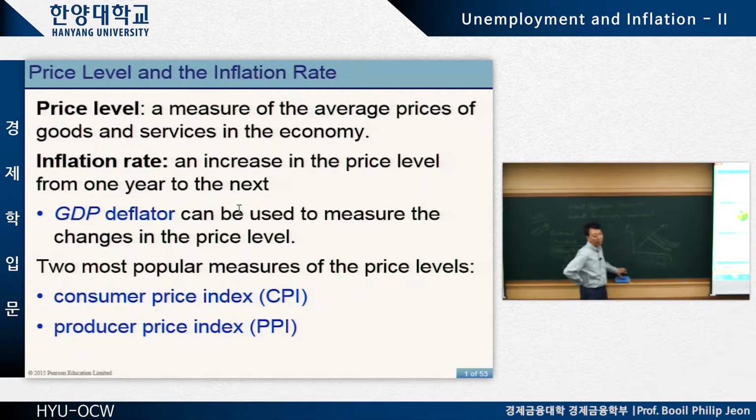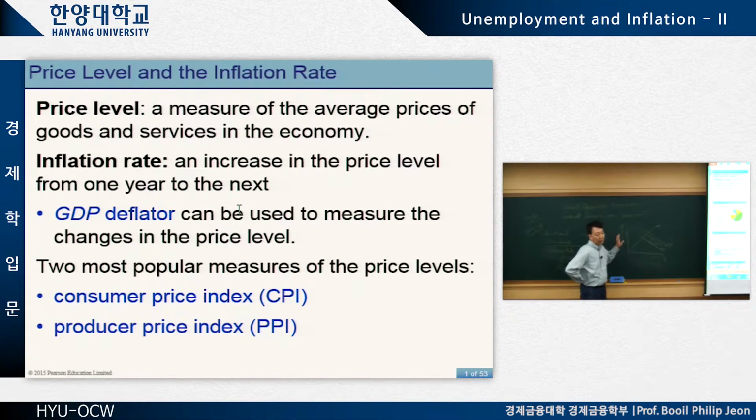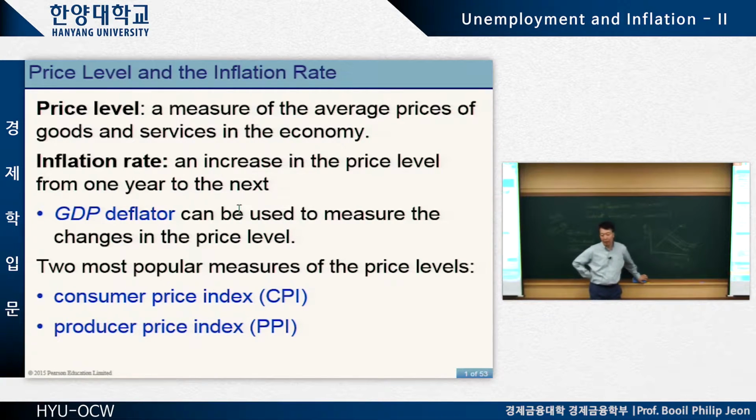We have to accept some inflation. But the thing is, when inflation increases, it has a negative effect on the economy, which means high inflation will bring high unemployment. So some economists believe that no, inflation should be the target.